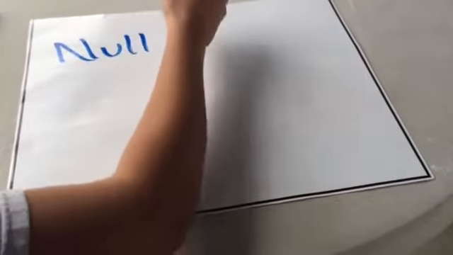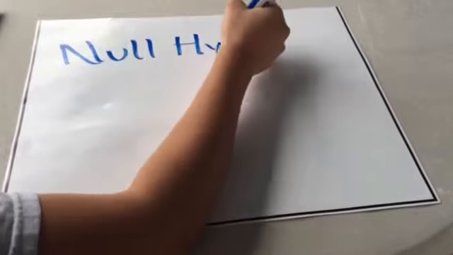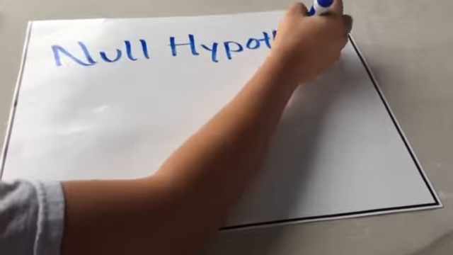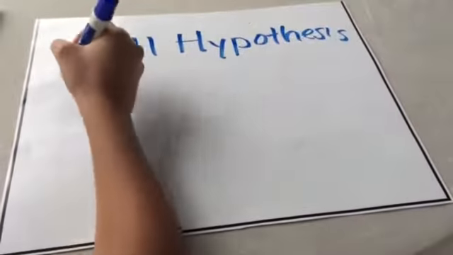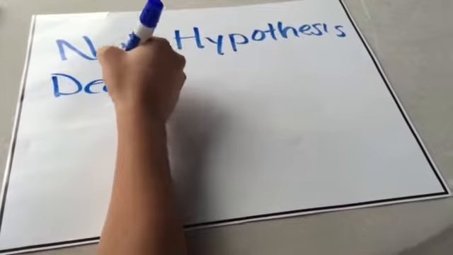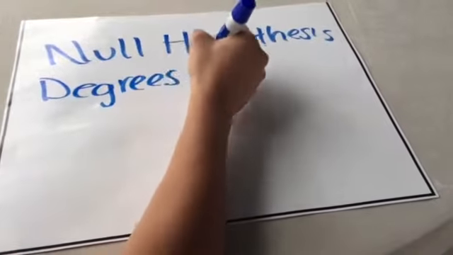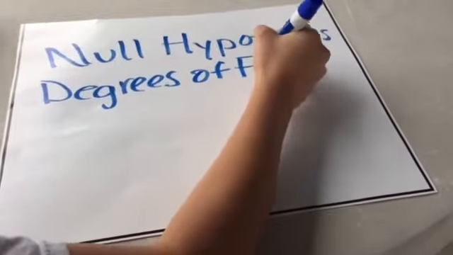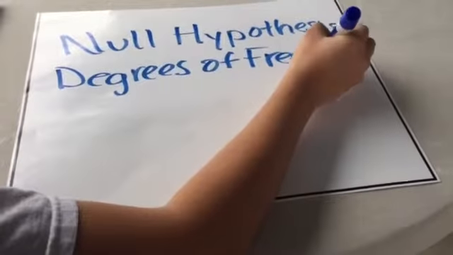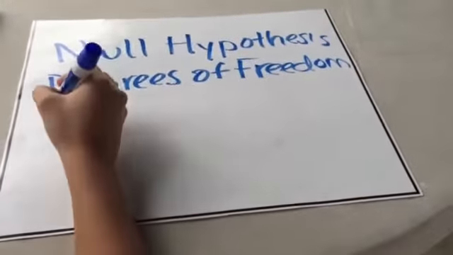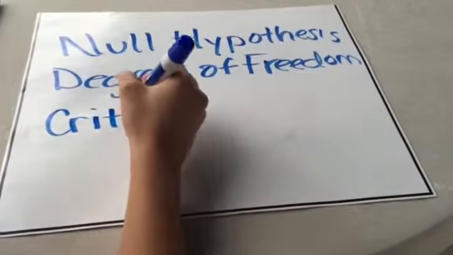Okay. There are three terms that are important to know. They are null hypothesis, degrees of freedom, and critical value.